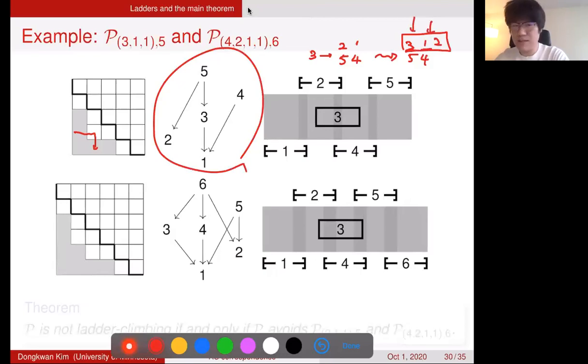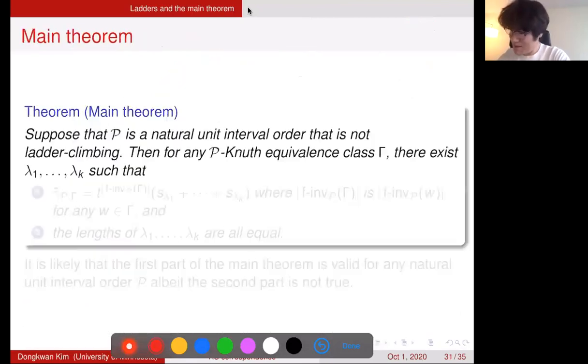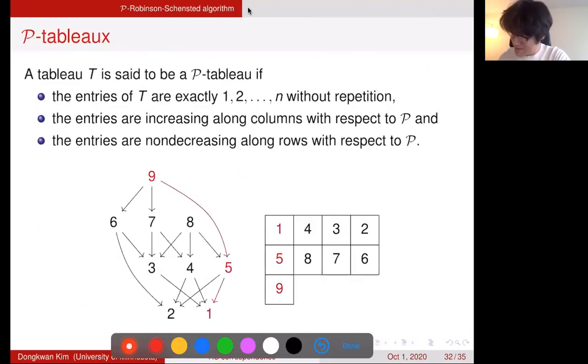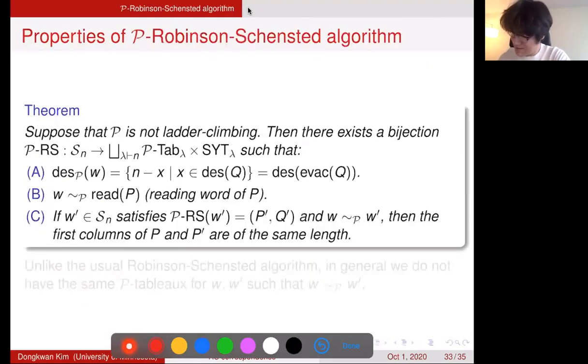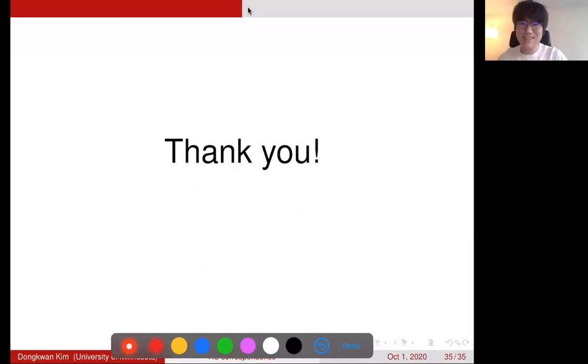So some modification is needed for ladder climbing posets, but if you have already avoided ladder climbing posets, then you're good to go. You can just use P Robinson-Schensted and prove this main theorem. All right, so I think that's it. Thank you.